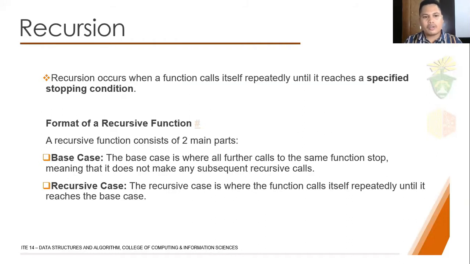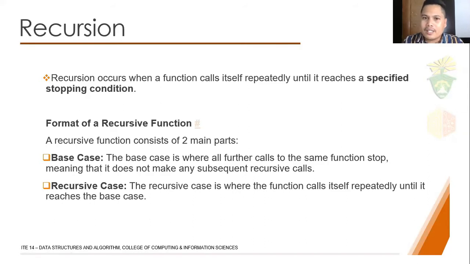Based on the definitions, recursion occurs when a function calls itself repeatedly until it reaches a specific stopping condition. Before talking about the format of a recursive function, let's first understand the meaning of recursion.